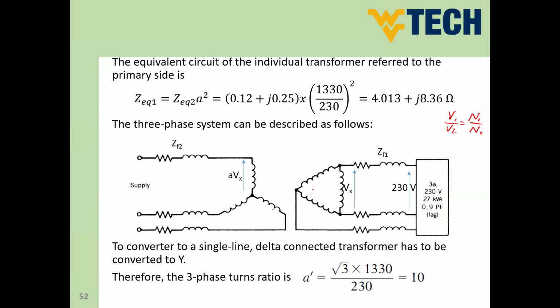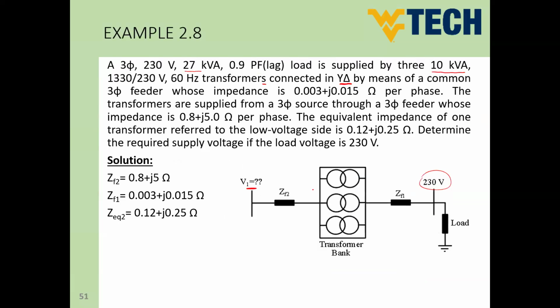In order to figure this out, let's go back again and see the transformer volt and the load volt. So here, guys, as you can see, the load volt, the three-phase or line-to-line volt of the three-phase load, is 230. And our single-phase transformer has a rating of 230.